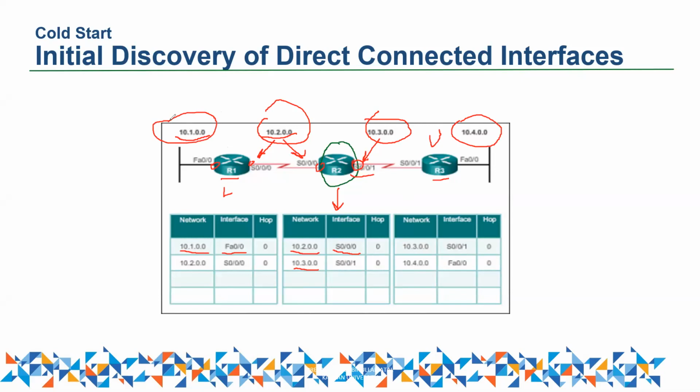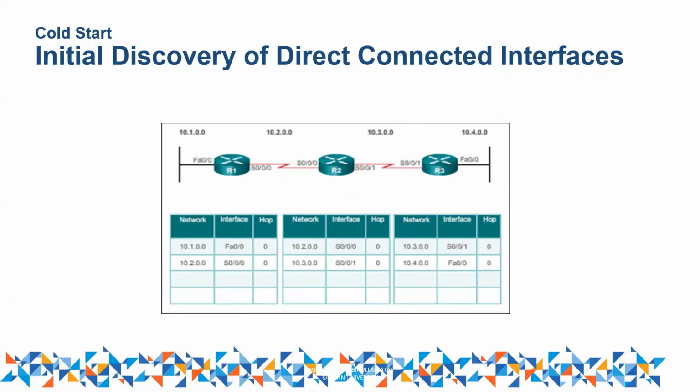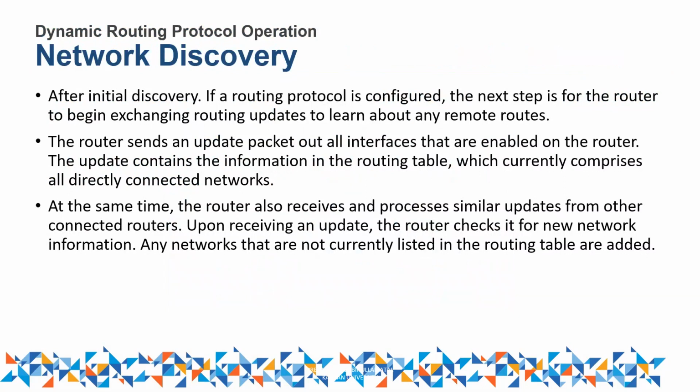So the routers just know about their directly connected interfaces. Now, how will they know about other routers? For this purpose, there will be another process. Let's move to that process. Any question here? It's very simple, okay? No question, sir. Okay, good.